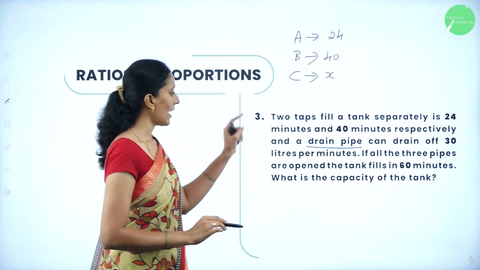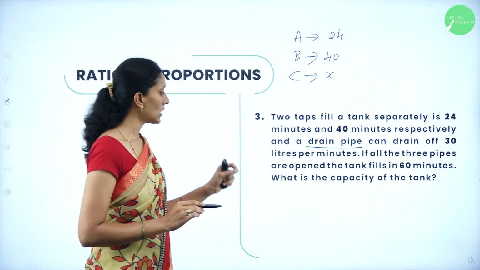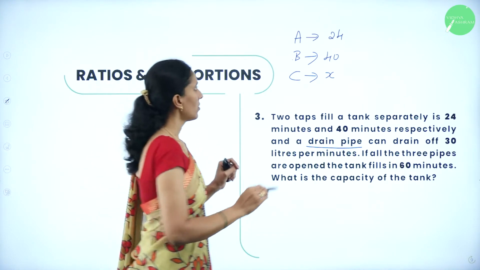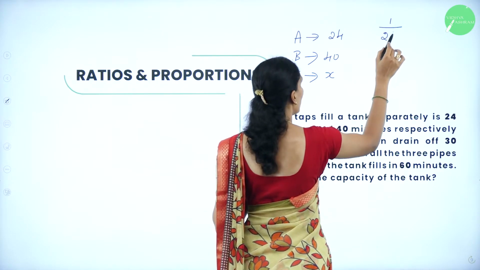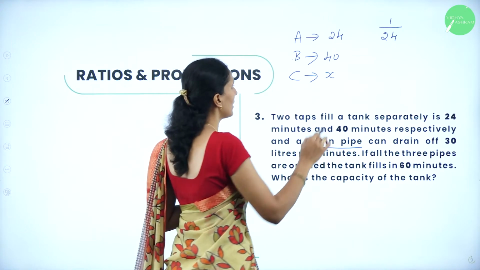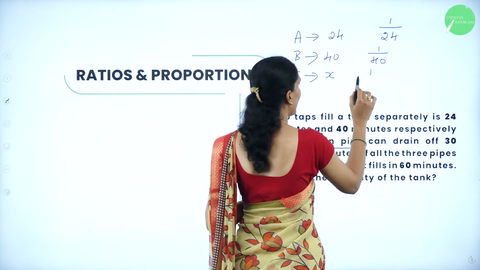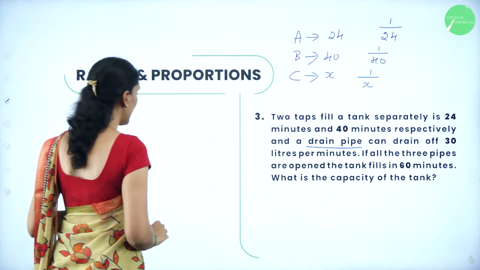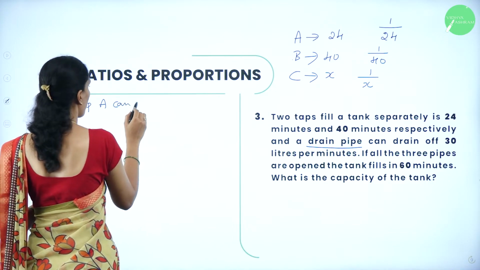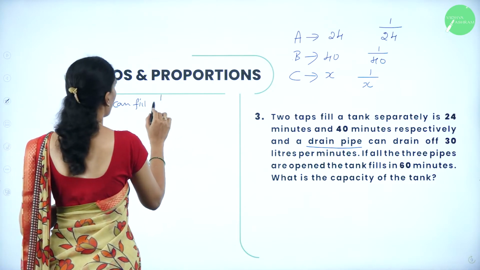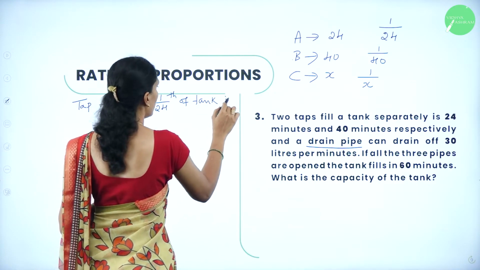Now I'll calculate everything in terms of per minute, because the drain pipe can drain 30 liters of water in a minute. Per minute, tap A can fill 1 by 24th of the tank in 1 minute.